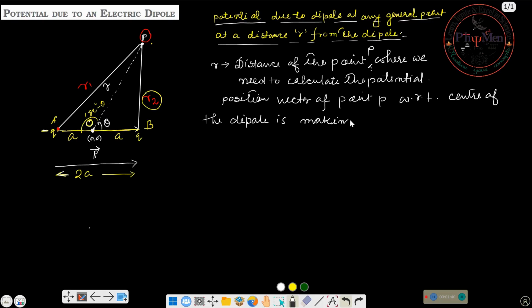Okay, that means this position vector is represented by r, and its magnitude is r.